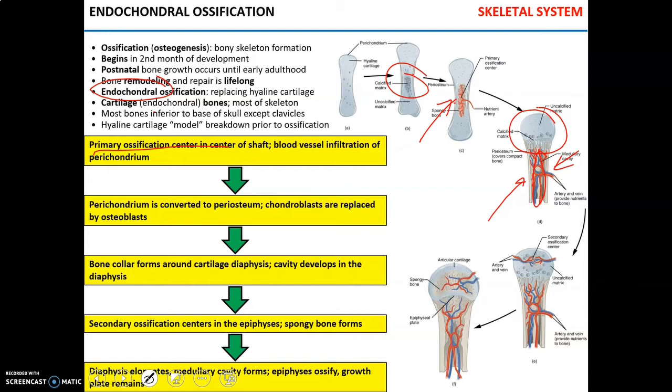These secondary ossification centers lead to the formation of spongy bone in the epiphysis of the long bone, leaving articular cartilage and the so-called growth plate. So, as you can see, the diaphysis is ossified first, then the epiphysis ossifies, and the only cartilage that is left there is the articular hyaline cartilage and the growth plate.